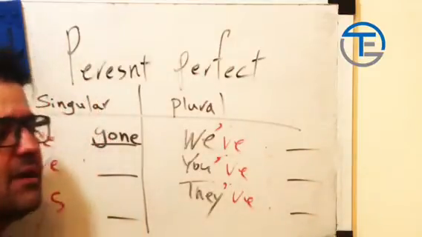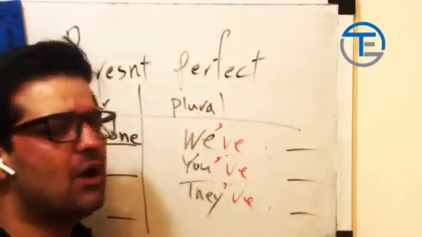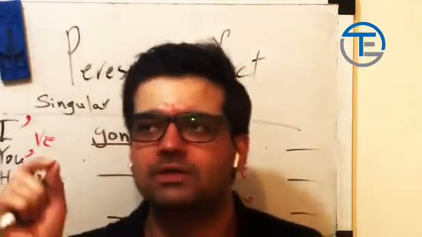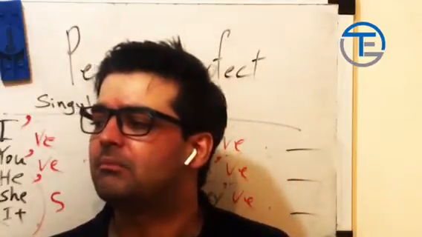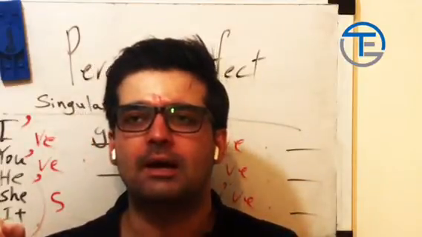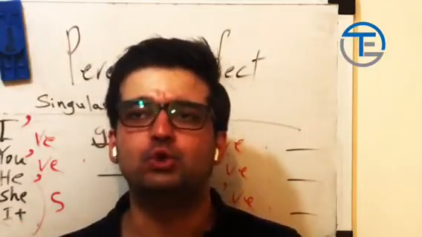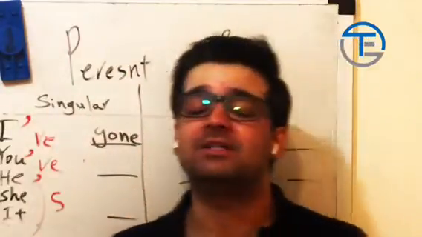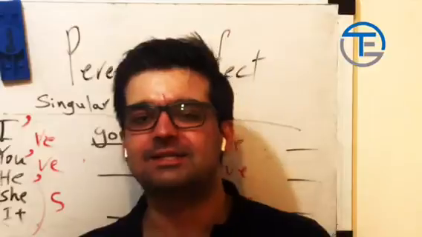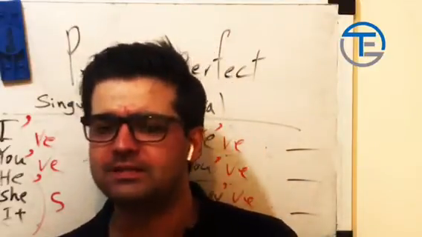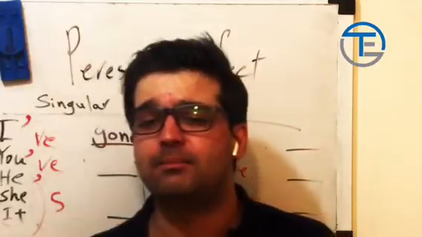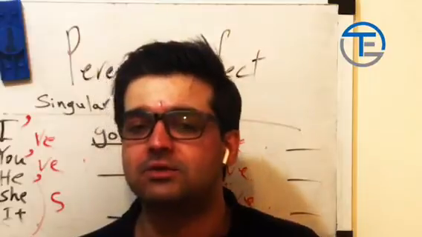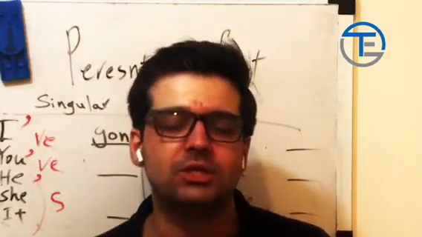And for the other verbs, you have to check it on Google. For example, if you don't know about do, you can write the present perfect of do. You can see a lot of past participles of verbs on my website, www.teacher@isami.ir.